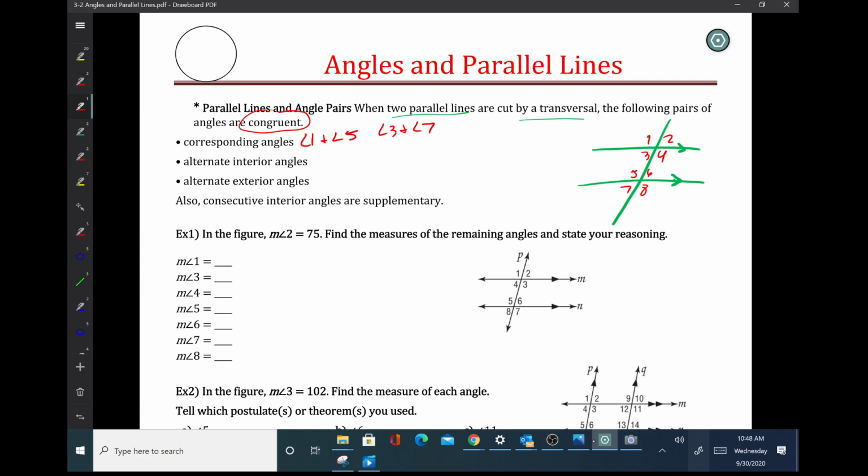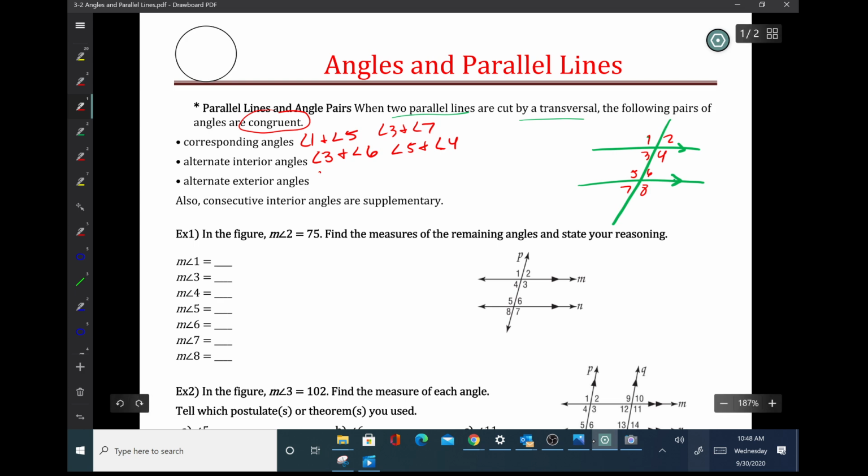Second thing, alternate interior angles. Angle 3 and angle 6 are congruent because they're alternate interior angles. Angle 5, can someone help me out? Angle 5 and what? Angle 4. Angle 4, right. They're congruent. All right. Alternate exterior angles are congruent.